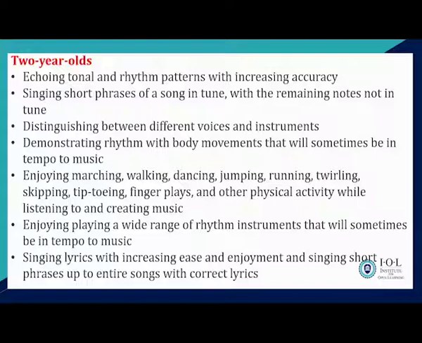And distinguishing between different voices and instruments. Demonstrating rhythm. Enjoying marching, walking, dancing, jumping. Those are the type of things that the 2-year-old is able to do already. Enjoying playing a wide range of rhythm instruments that will sometimes be in tempo to music. And they will also be able to sing lyrics with increasing ease and enjoyment.